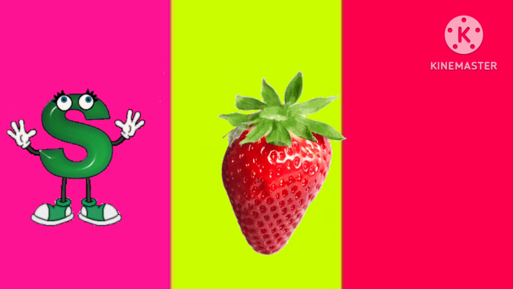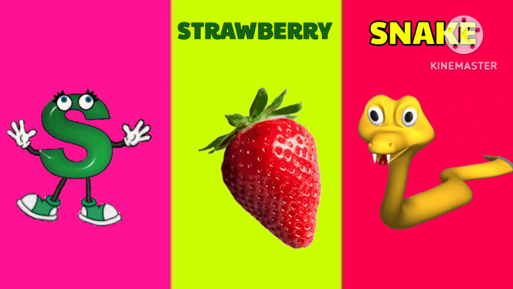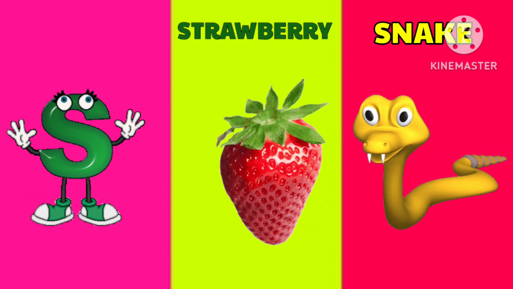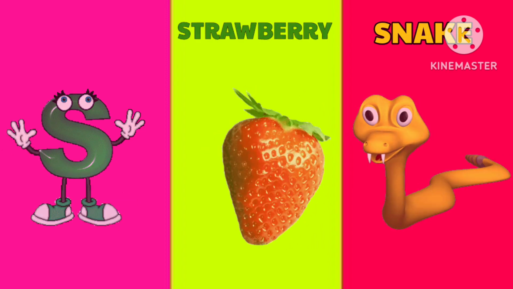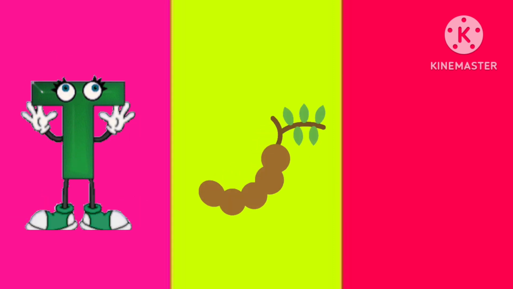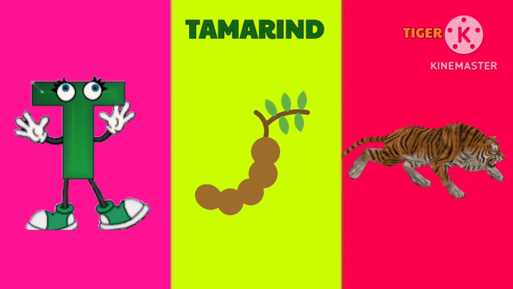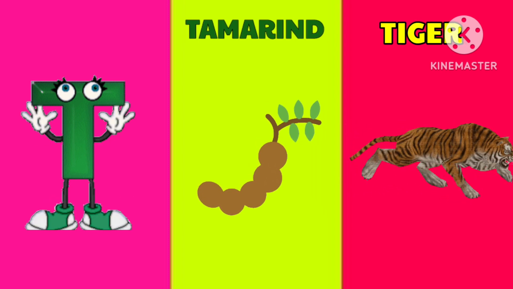S. S for strawberry. S for snake. T for tamarind. T for tiger.